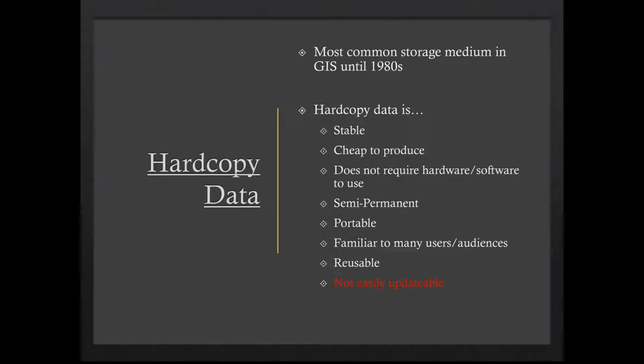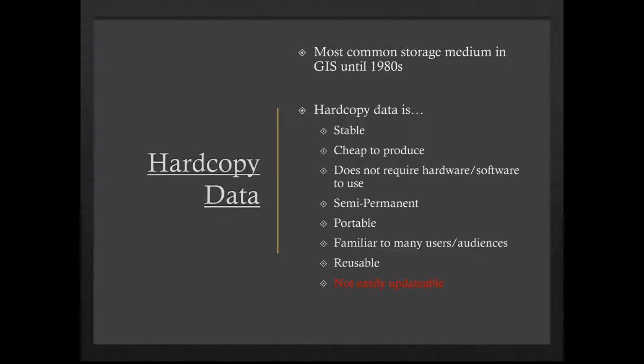Hard copy data is also cheap to produce and is easily portable, and it does not require any specialized hardware or software for use. This provides a very low barrier for use, and it makes a paper map easy to use and understand by a very wide range of users. Hard copy data is semi-permanent so long as it is properly stored.